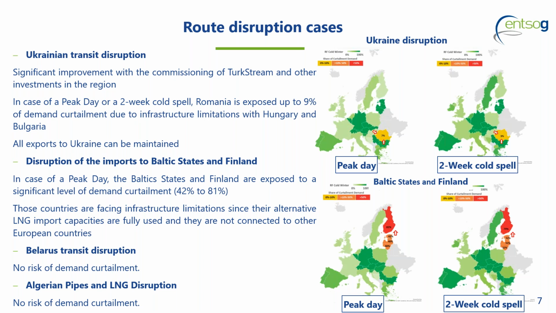Another route disruption case with some possibility of demand curtailment is in case of the import to Baltic states and Finland. Since last year, we see that cooperation between countries is possible. Previously, Finland was separated from the Baltic states as well, but since last year, and it was already in the previous winter outlook, the Baltic connector is connecting both countries.